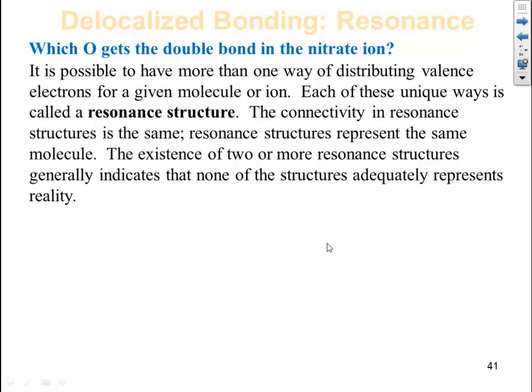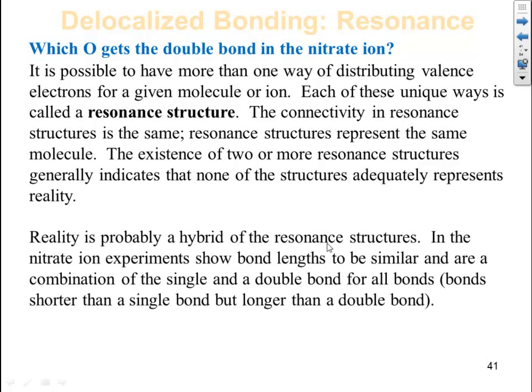The existence of two or more resonance structures generally indicates that none of the structures adequately represents reality. Reality is probably a hybrid of the resonance structures. In the nitrate ion, experiments show the bond lengths to be similar and are a combination of a single and a double bond for all bonds.